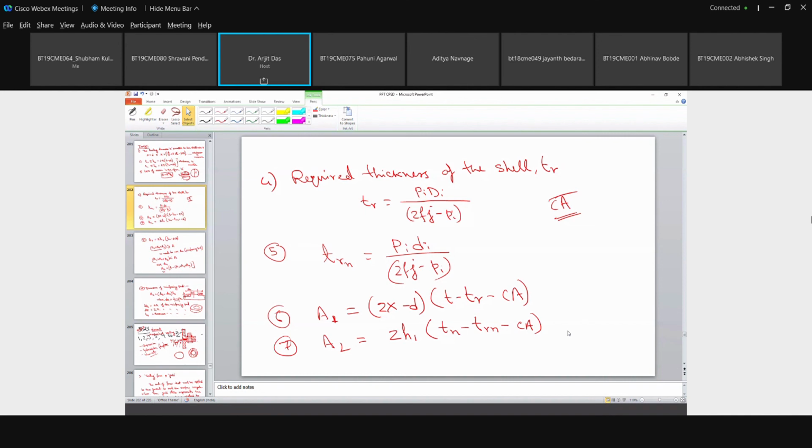It is simple, the diameter into the thickness. If you consider by looking at the figure, A1 is 2X minus D into T minus TR minus CA, and A2 is 2H1 into Tn minus TRN minus CA.